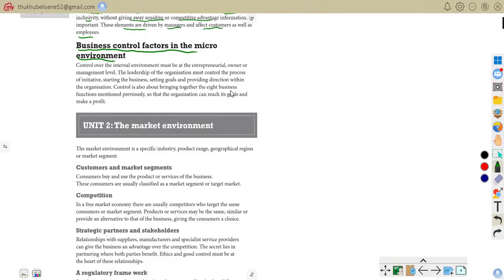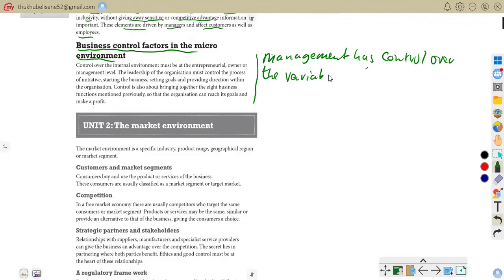And we know that management has control over the variables in the micro environment, like we have said at the start of our presentation.